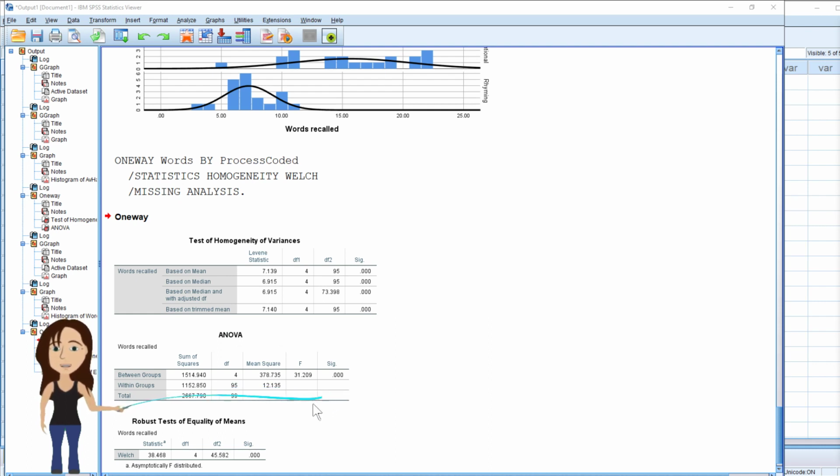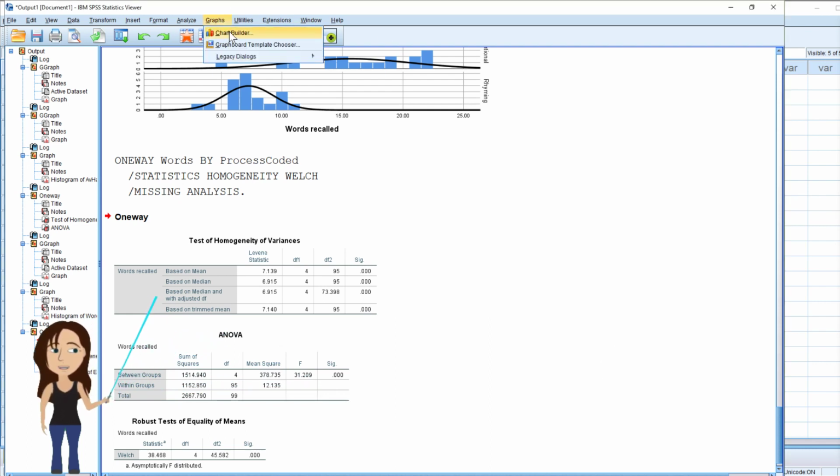Now, the interesting thing here is if we were using the t-test and we only had two groups and we found that the means were different, we would know that they were different from each other. But for analysis of variance where we've got 5 groups, it doesn't tell us which mean is different. It just tells us that at least one of them is. So we have to do a little bit more investigation, and this is where the post hoc tests or the multiple comparisons comes in. Before we have a look at this extra step, let's just do a graph of the means and confidence intervals so we know what we're looking for.